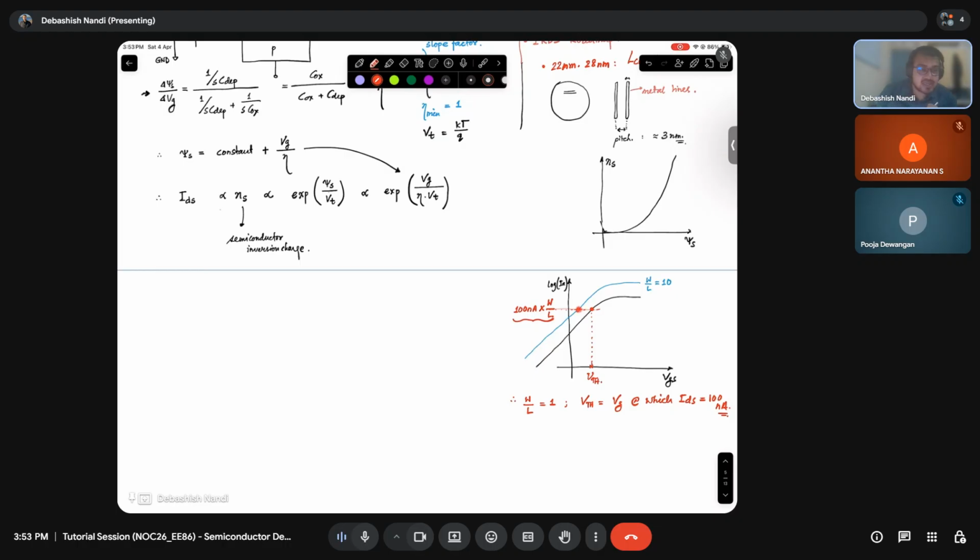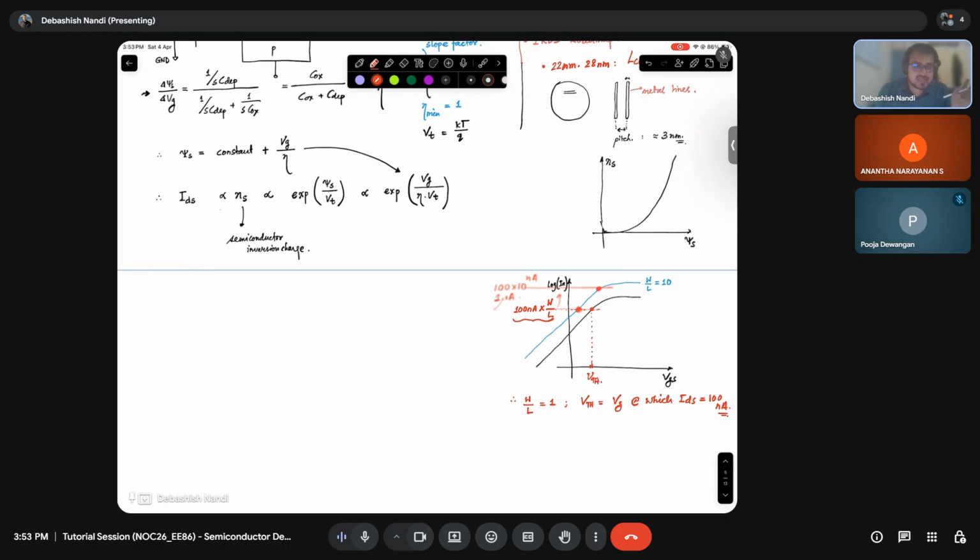Constant current method. That is why I need to shift this line upward. So for W by L I will have my constant current somewhere here. And what will be that value of current now? 100 times 10 nanoampere, that means 1 microampere. Yes, sir, it takes care of the W by L scaling as well.